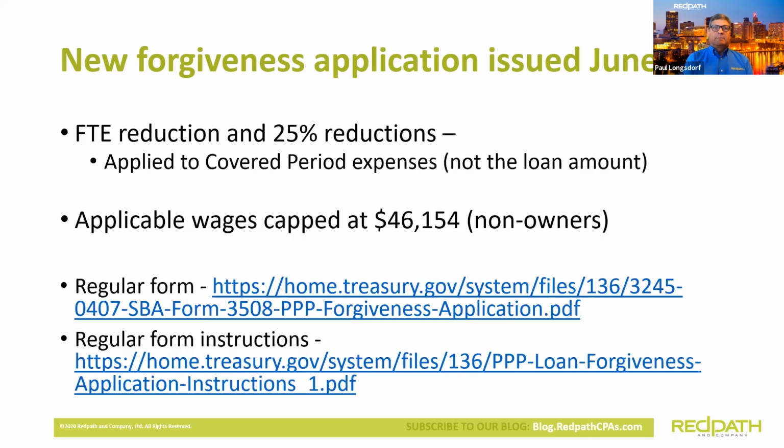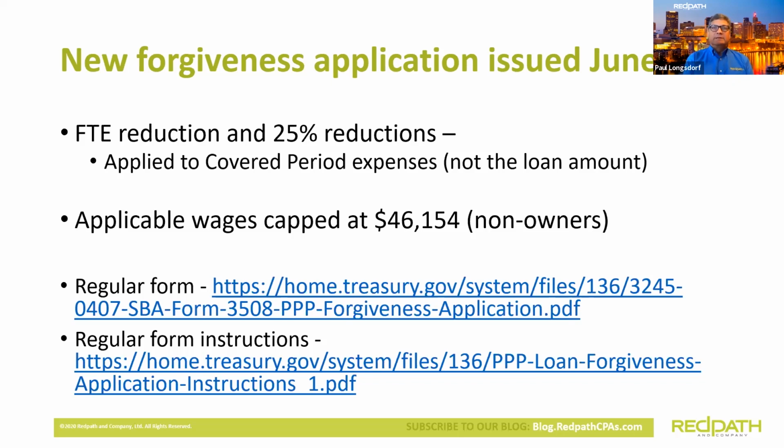The second big thing there is that with the 24-week period, I think everybody's probably aware from the original guidance that annual compensation for anyone is limited to $100,000. Well, now that we've got a 24-week period, that means that the cap for that 24-week period of compensation that I can include is now $46,154 instead of $15,385, which is what it was over the 8-week period.